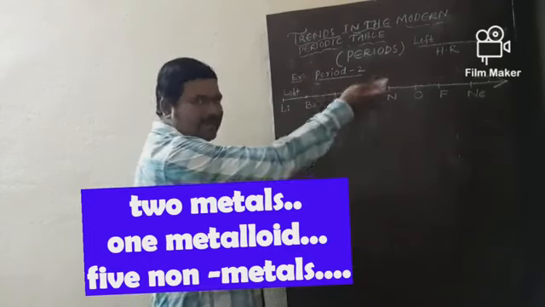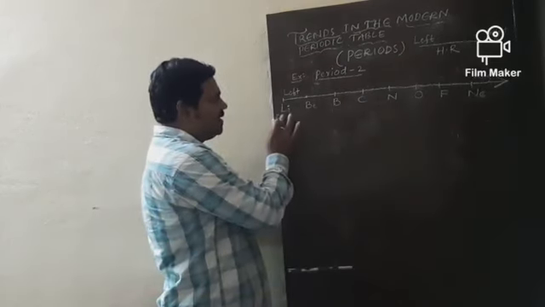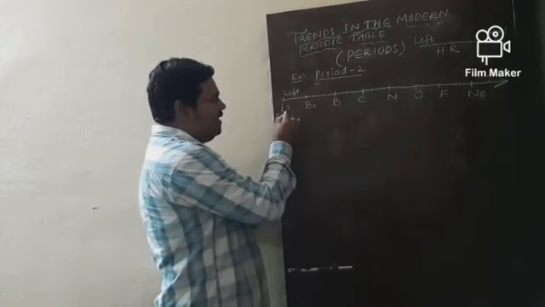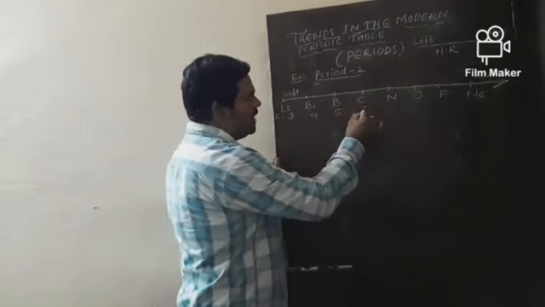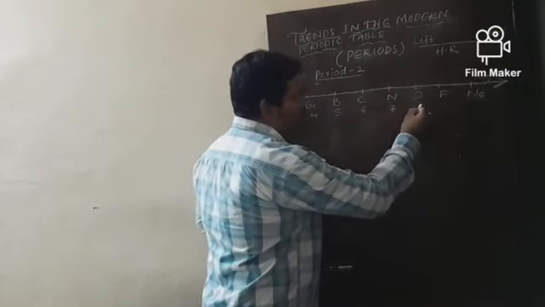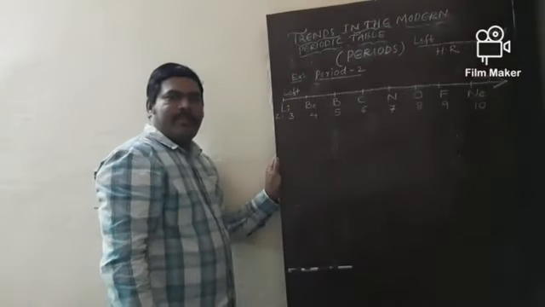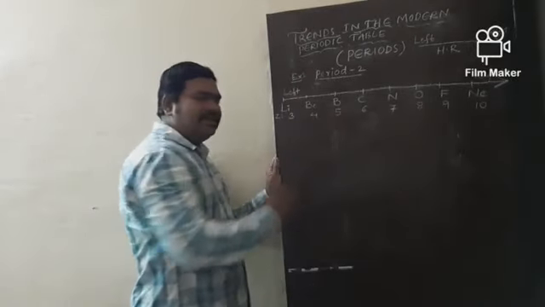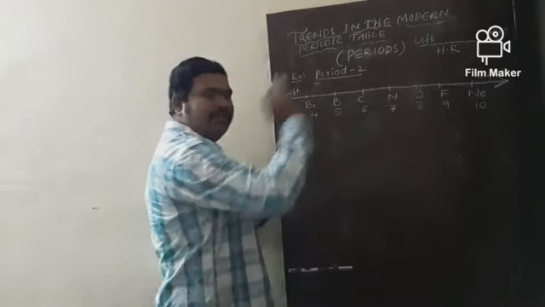Now one by one, I will give the information. First, atomic number. Let me write. Atomic number is denoted by the symbol Z, no? Lithium 3, beryllium 4, boron 5, carbon 6, nitrogen 7, oxygen 8, fluorine 9, neon 10. See, atomic number increases by 1 unit regularly, so 3, 4, 5 like that.